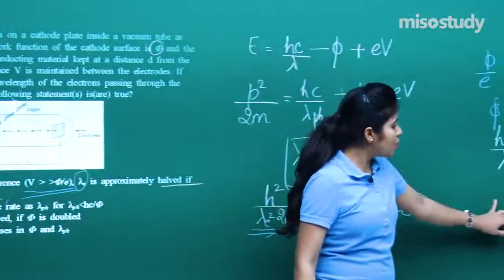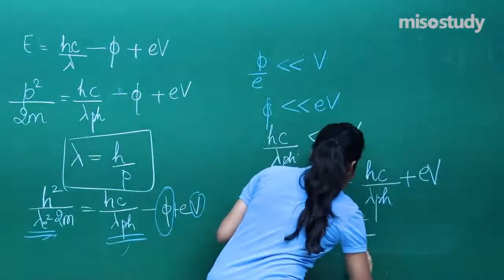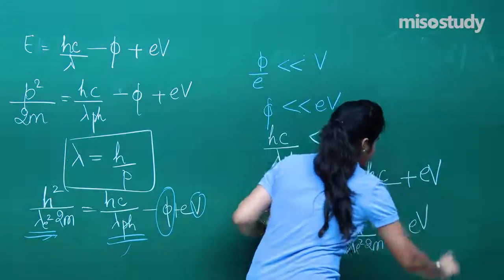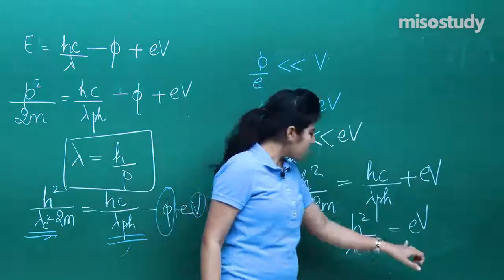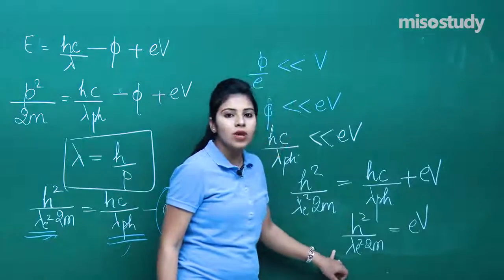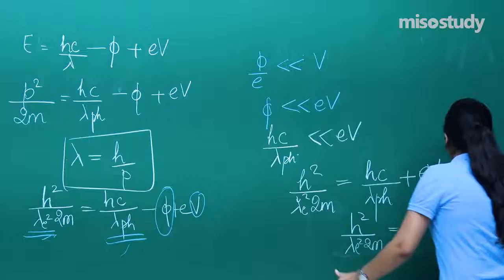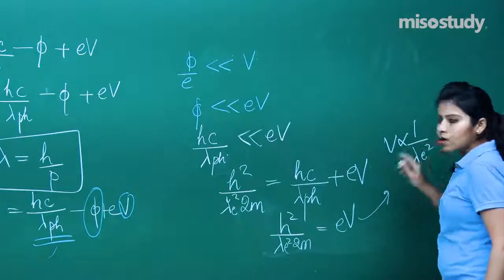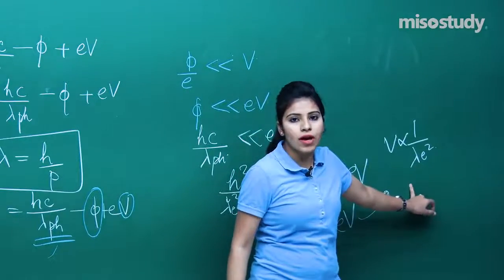So you can see from here h square by lambda E square 2m equals eV. Now if you are going to make the V 4 times, then what will happen? This will get halved, because you can see the relation here: V is inversely proportional to lambda E square.